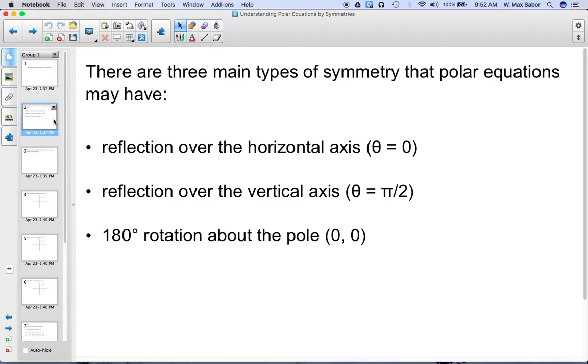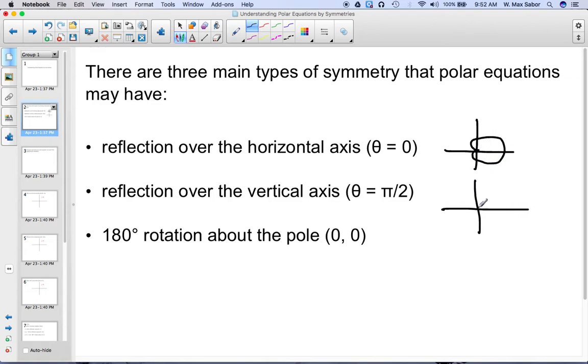So, reflection over the horizontal axis would be something along the lines of this. That would be a reflection across the horizontal axis. This would be a reflection across the vertical axis.